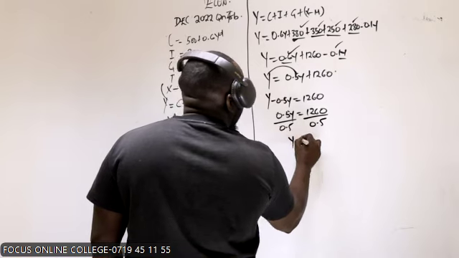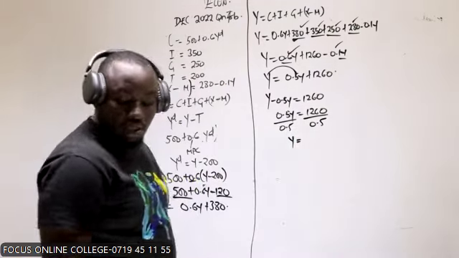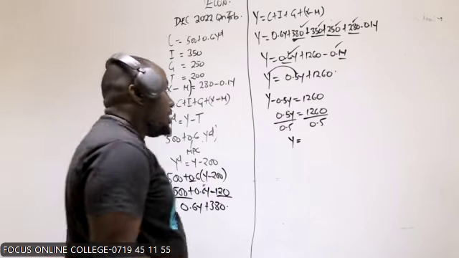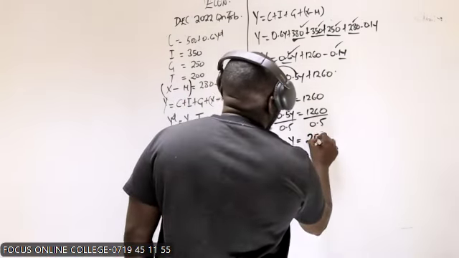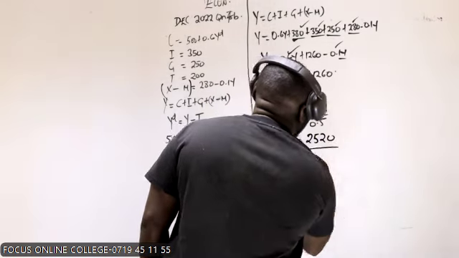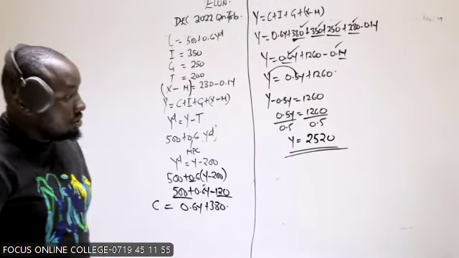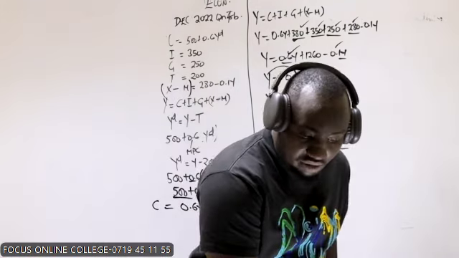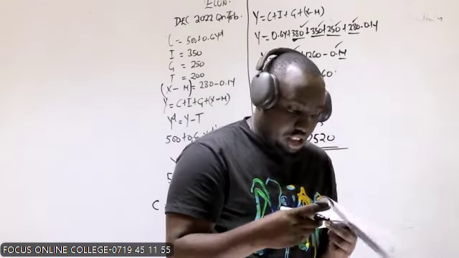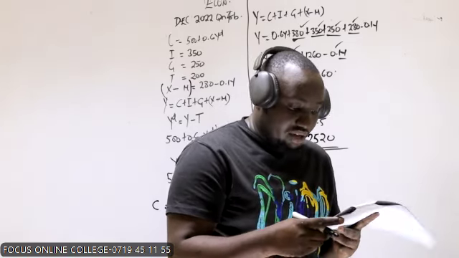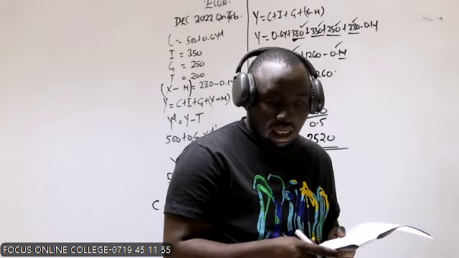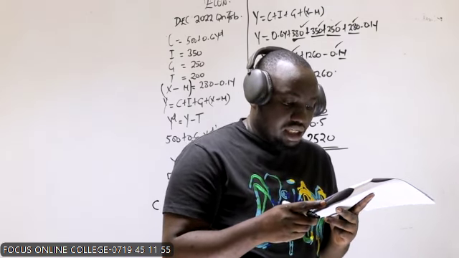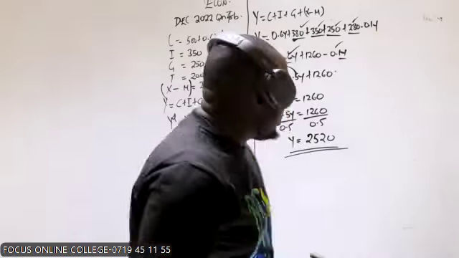So Y, which is the equilibrium national income, is equal to 2520. Thank you so much. Now the equilibrium level of consumption.